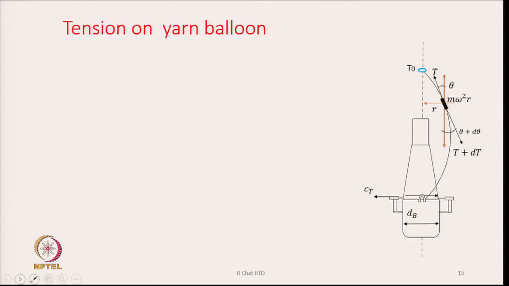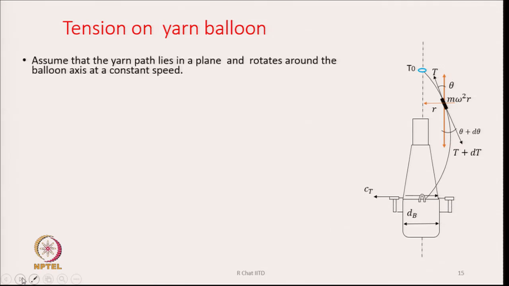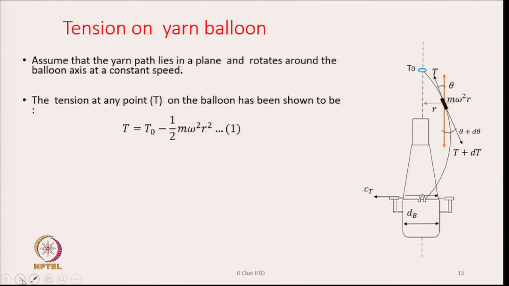Now, we go to the tension part in the balloon. Here a diagram is shown on the right hand side. This line indicates the way the yarn is lying. Assume that it is lying in a plane, though in the actual case the balloon yarn never lies in a plane.